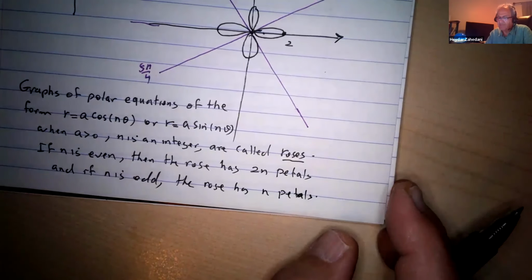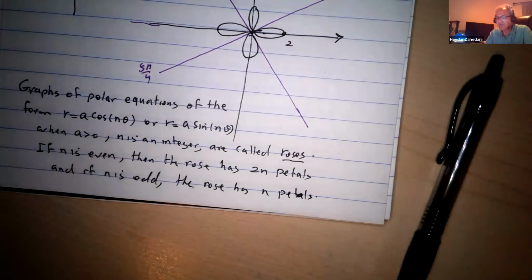So as I did over here, I have the cosine of 2 theta, I double it up, so I get 4 here. Whether it's cosine or sine, this is going to be the case. If it's an even number, you double it up.